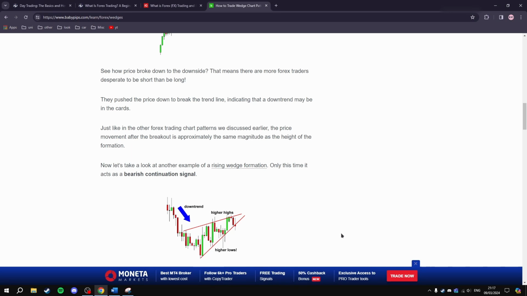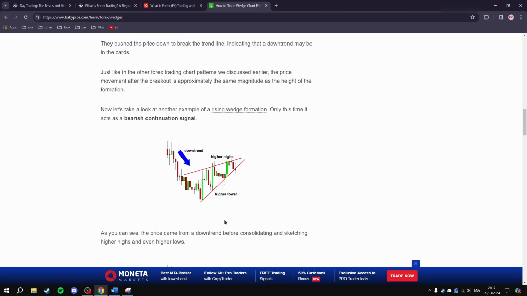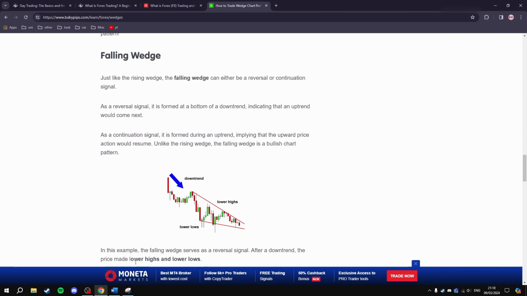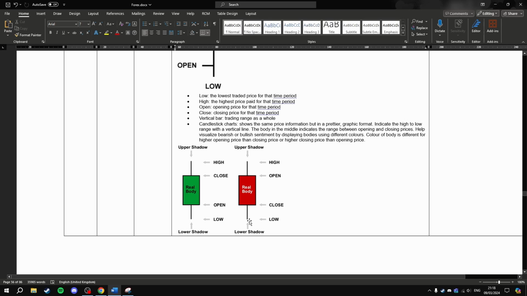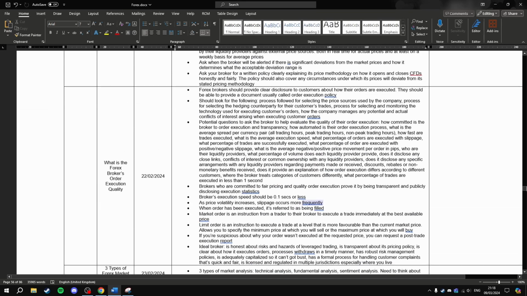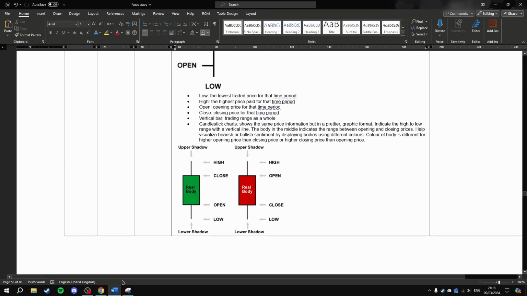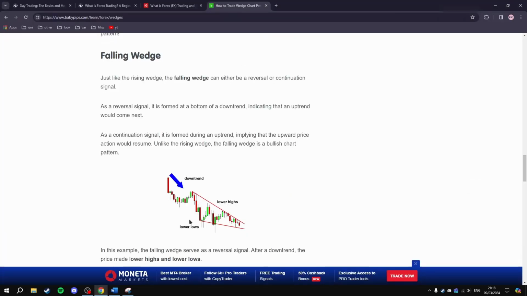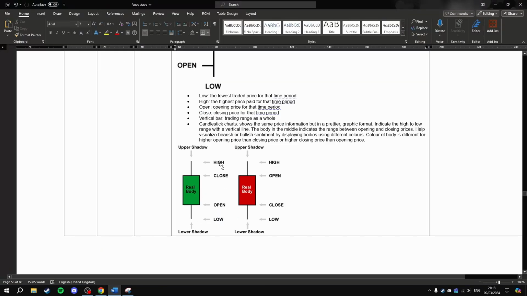Higher lows. Low. Wait a second. Lower highs, lower lows. But what's the difference between a higher high and a lower high? They're both up here though, aren't they?